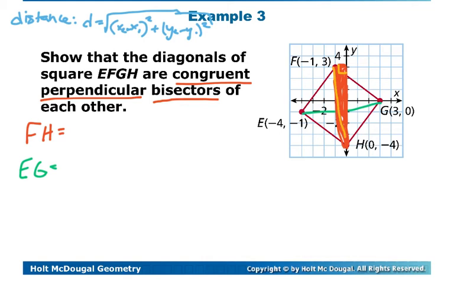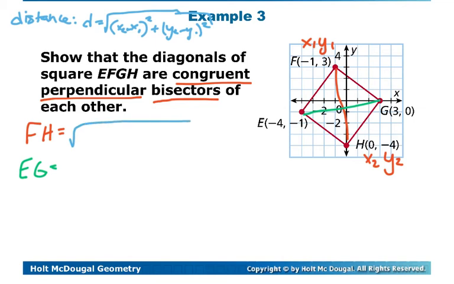So we could just find the length of the hypotenuse of a right triangle. That's actually more likely what I would be doing, but I do want to show that we can use the formula, so I will do that as well. So, to find the length here, I'm going to label these as x1, y1 and x2, y2, and I'm going to subtract and add and all that good stuff.